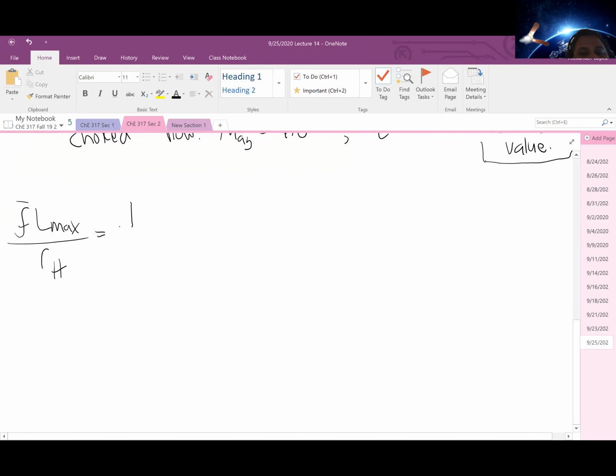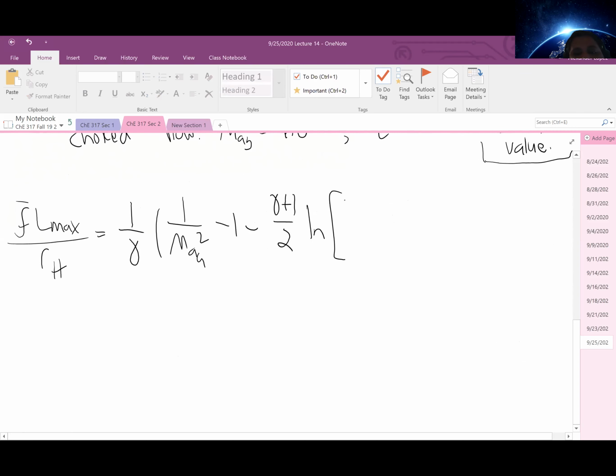Over gamma, 1 over Mach number A squared minus 1, minus gamma plus 1 over 2 times the quantity ln of 2 times 1 plus gamma minus 1 over 2 times Mach number 1 squared over Mach number 1, or A, I should say, squared times gamma plus 1.